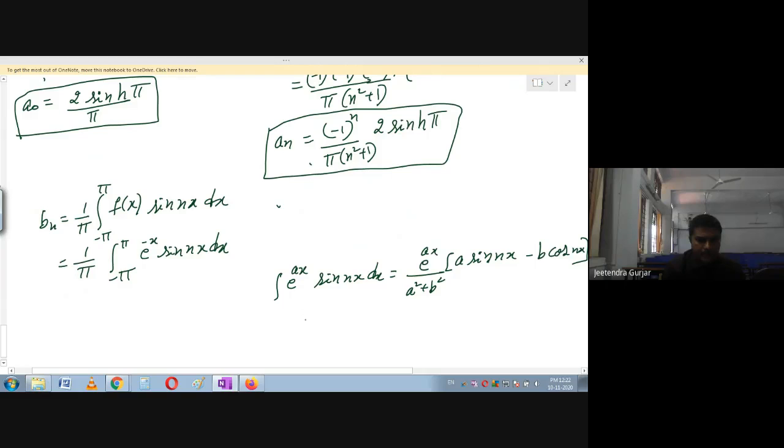Here you are going to see it is a is equal to minus 1 and b, sorry, this is b. Okay, so I have taken here b directly. b we have to take n, so directly I have substituted the n value. Actually it is b value.